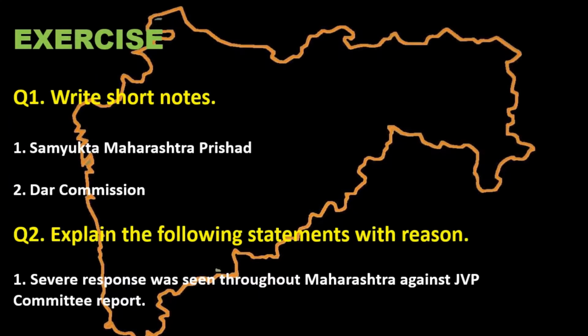Question number 1. Write short notes. First one is Sayukta Maharashtra Parishad. So here the answer includes these points. First, on 12th May 1946, a resolution was passed regarding Sayukta Maharashtra in the Sahitya Sammelan at Belgaum.